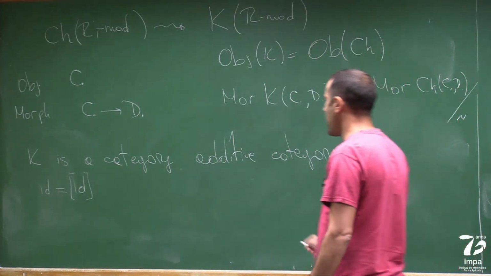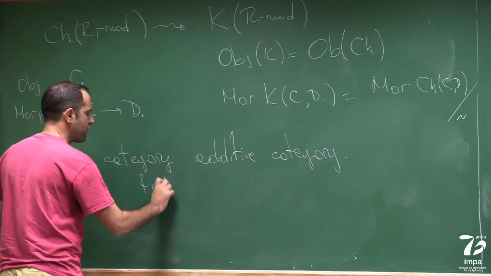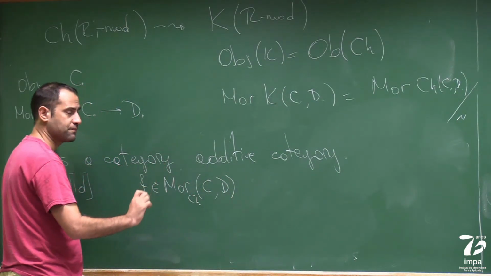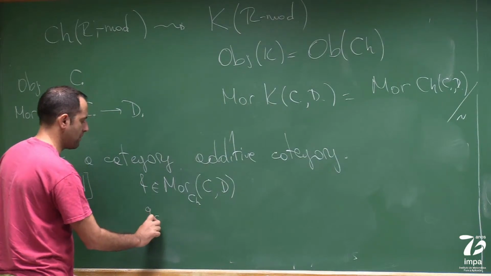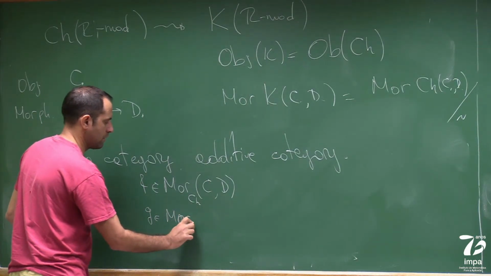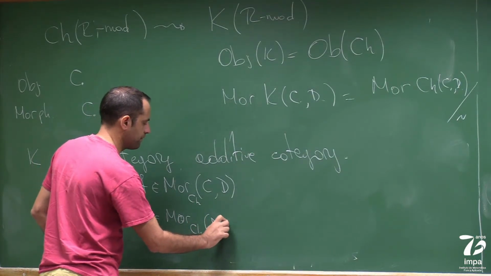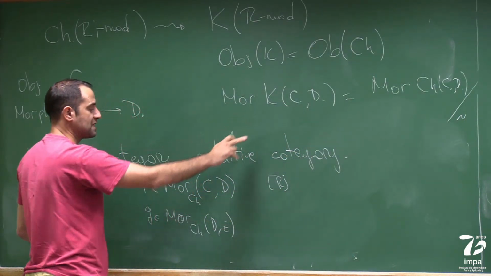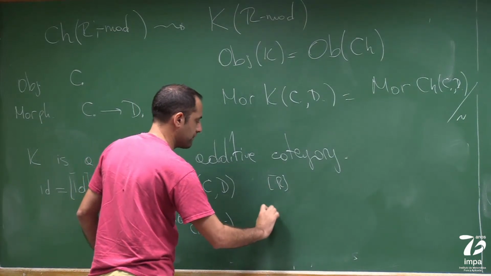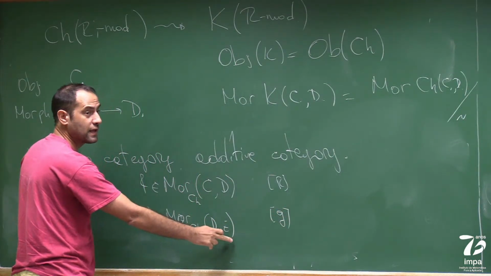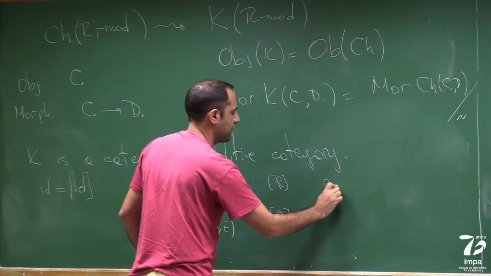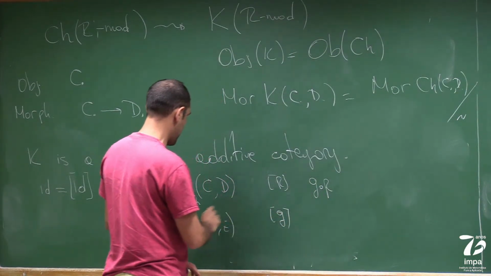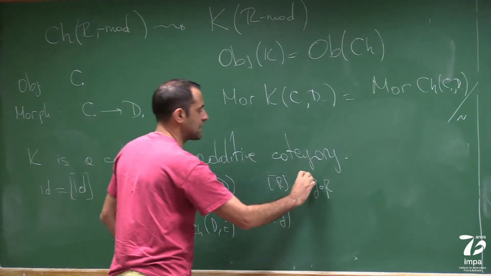So I want to check that if I have two morphisms, F is a morphism from C to D in the category of chain complexes, and G is a morphism in the category of chain complexes from D to E, then I have the class of F, which is a morphism from C to D in the category K, and the class of G, which is a morphism from D to E in the category K, and I need to have this composition G composed with F. This is a morphism in the category of chain complexes from C to E, and I have this class.